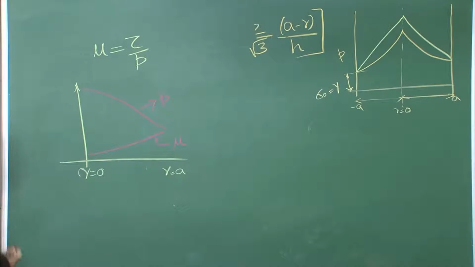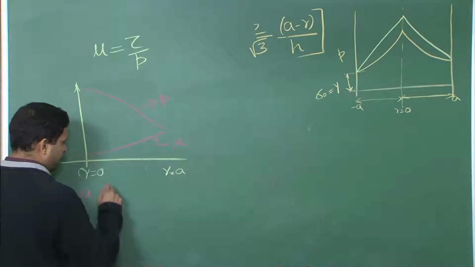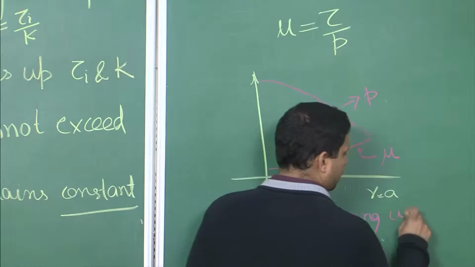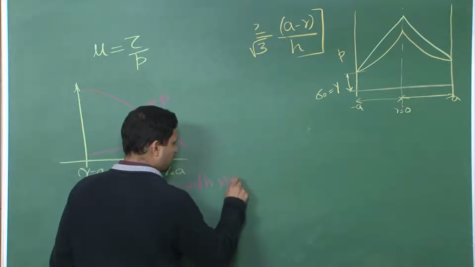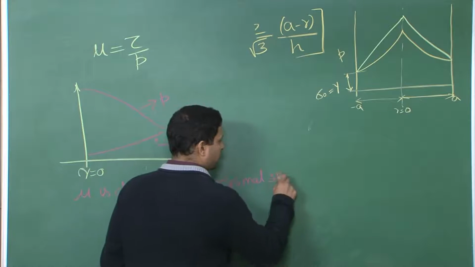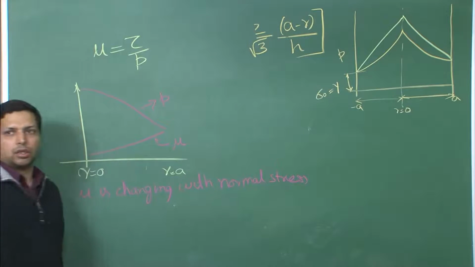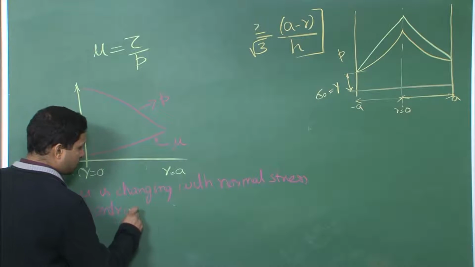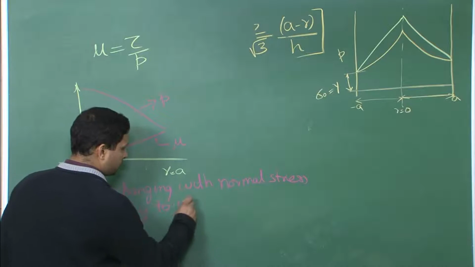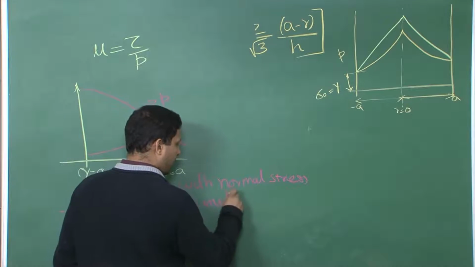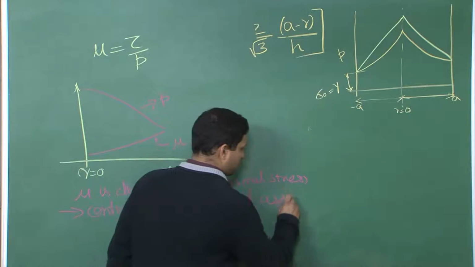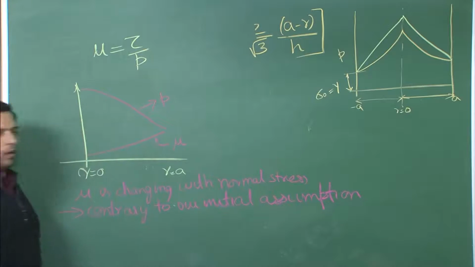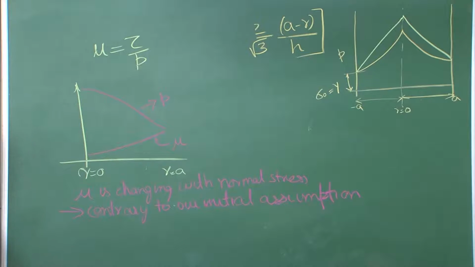Now, this says that mu is changing with normal stress. This is contrary to our initial assumption. Moreover, this is not what is mostly observed.